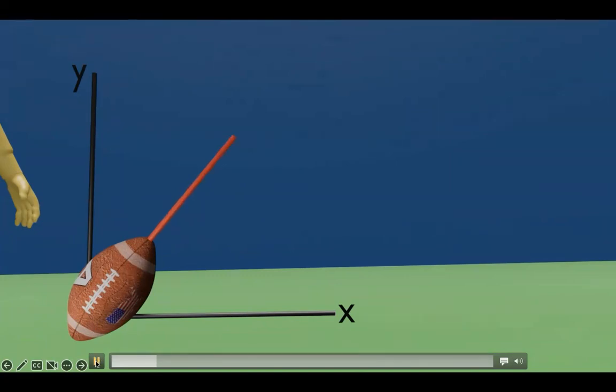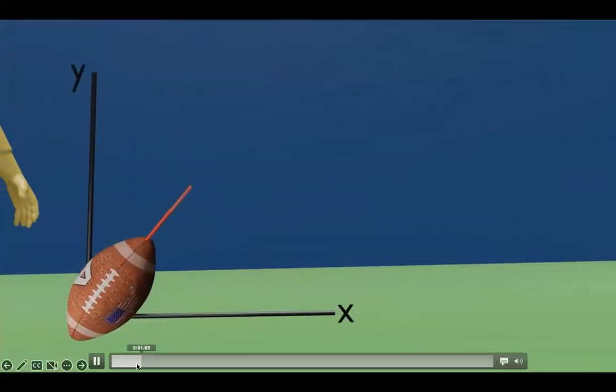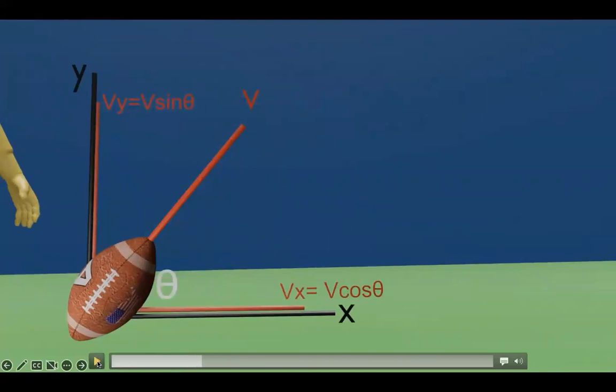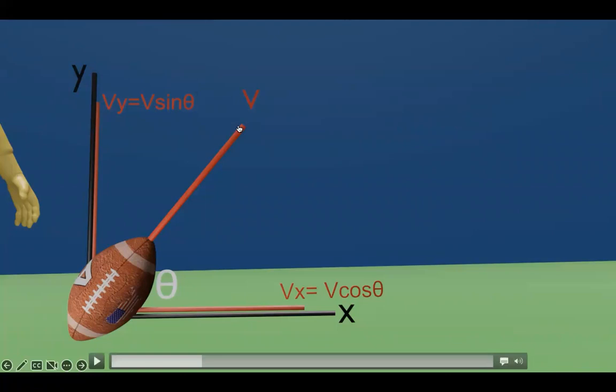Now, whenever this player gives this velocity v with an angle theta to the horizontal direction, angle theta could be 30 degrees, velocity 20 meters per second. Remember, we need to be careful about the initial velocity components.